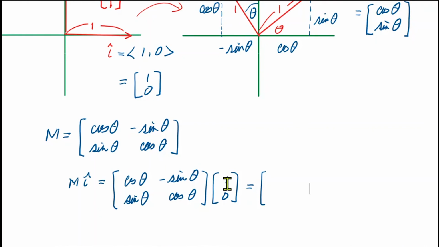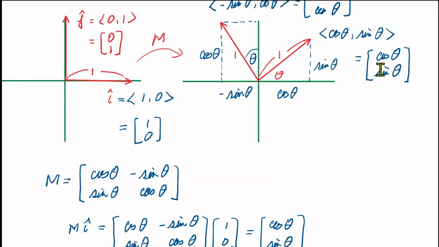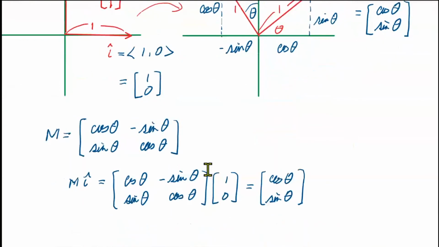This times this plus this times that. So you have cosine theta here. Good. And then this times 1 and this times 0, so we have sine theta. Wait, isn't that exactly what this column is? Yeah. And that's exactly what we want it to be. So this was irrelevant when you're dealing with the I vector, wasn't it? It just picks out this column.